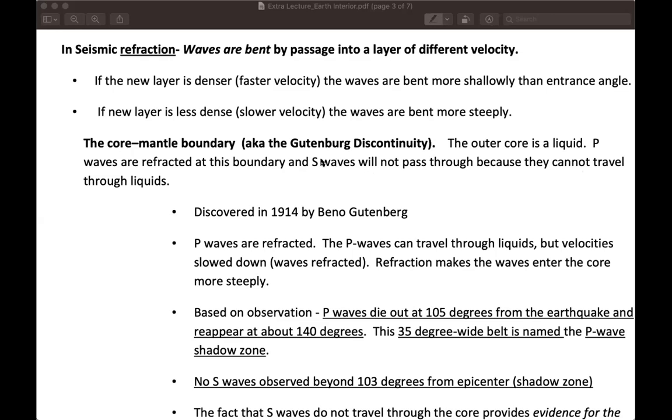Later on, it was found that the composition was iron and nickel. And this discontinuity was called the Gutenberg discontinuity because he is the one who led these experiments to find this core-mantle boundary.